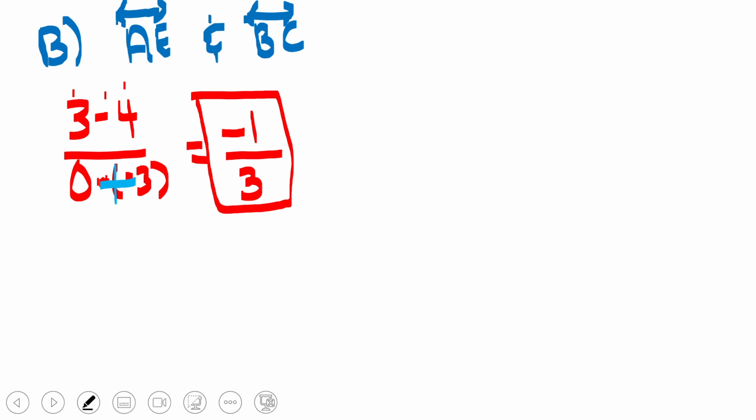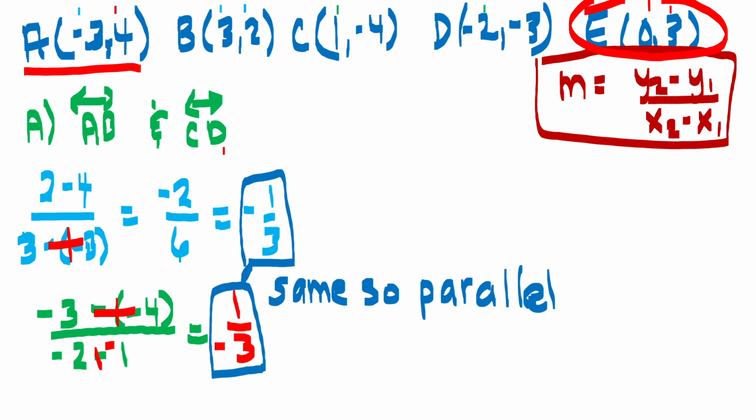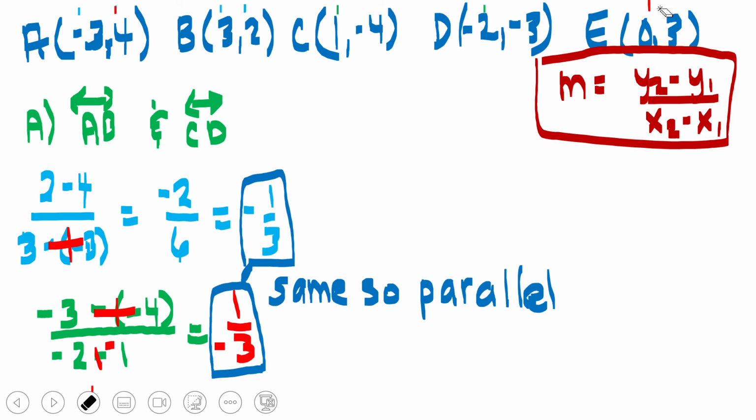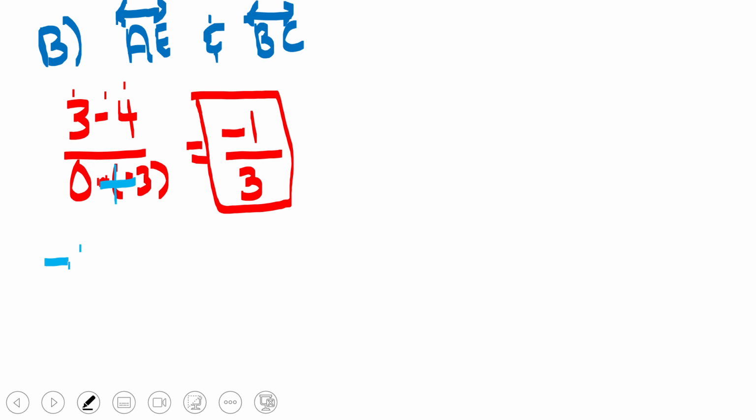We're going to compare it to slope BC. Look back, we need slope B and C. We need negative 4 minus 2 on top.